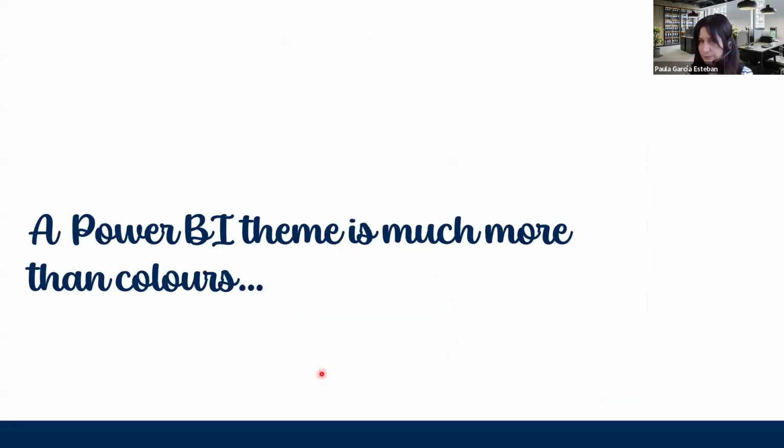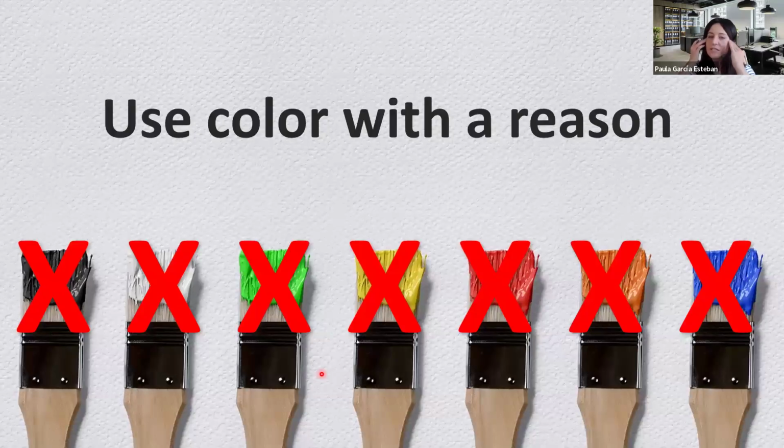But what is important about colors, about these aesthetics and this visual part, is that sometimes we spend a lot of time choosing the colors, how I change the title and then the axis and blah, blah, blah. Sometimes it makes sense, but I don't recommend to color just for the sake of coloring, okay? Use color always with a reason.